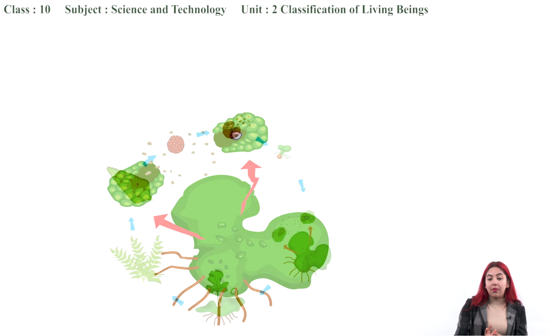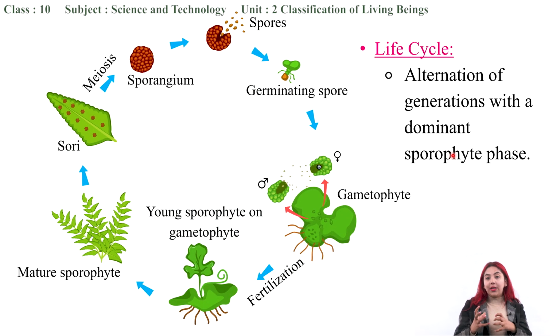Now let us talk about the life cycle so that we can understand the sexual reproduction of pteridophytes in detail. They have alternation of generation, which I have already mentioned in the previous class. Alternation of generation means that if there is an alternation between the haploid and diploid stage in the life cycle of an organism, then we can say that the organism has alternation of generation.